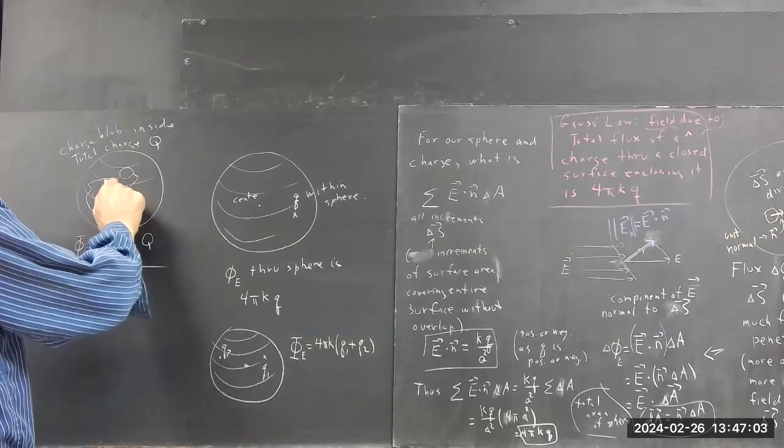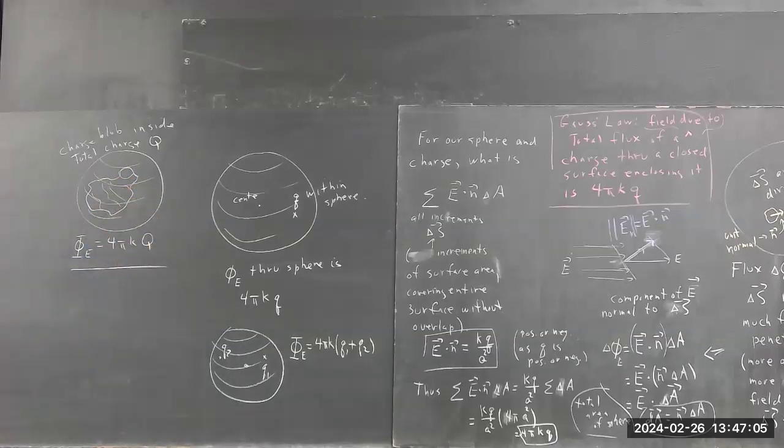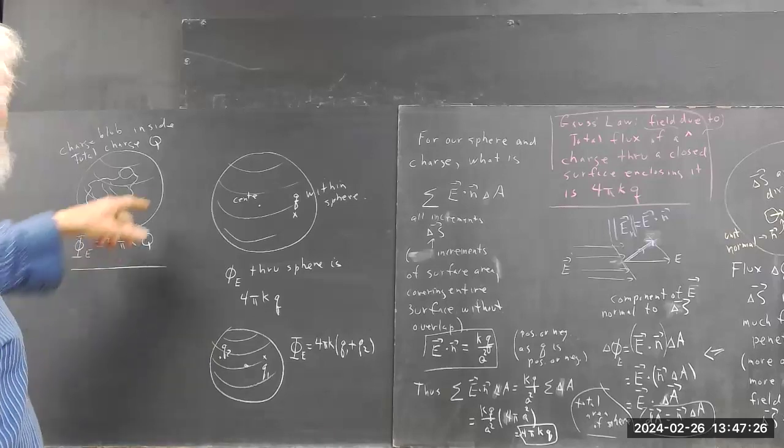Whatever it looks like, it might be a uniform distribution, it might be a non-uniform distribution, might be irregular as heck, it doesn't matter. You spread that much charge in there, no matter how it distributes itself, the total flux through that sphere is going to be 4 pi k Q. Now that doesn't help you if you want to find the electric field at a point on the surface.